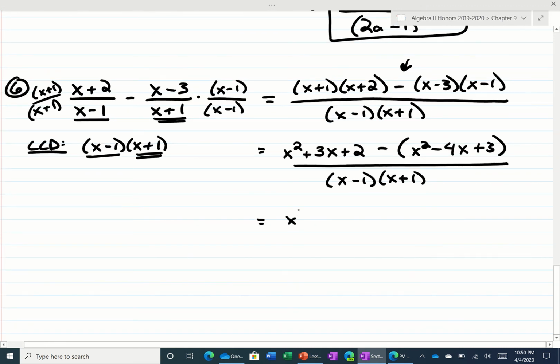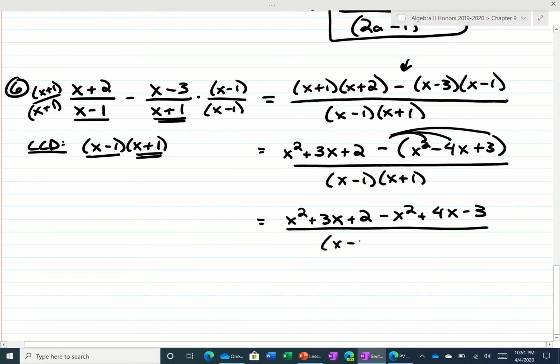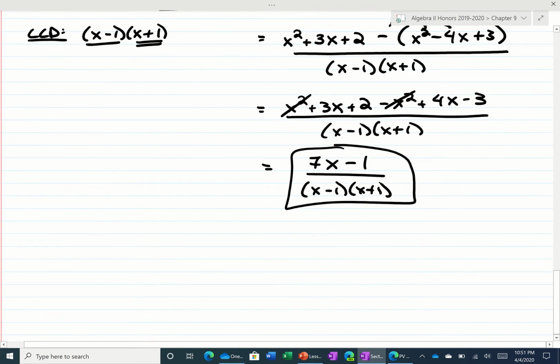So on top we get x squared plus 3x plus 2 minus x squared plus 4x minus 3. I'm just distributing this, all divided by x minus 1, x plus 1. These cancel. 3x plus 4x is 7x. 2 minus 3 is minus 1 over x minus 1 times x plus 1. Okay, so that would be the answer. It's not hard to do, getting a common denominator just like you did in middle school, but that's how you do a problem like that.